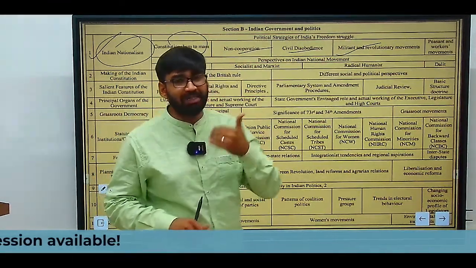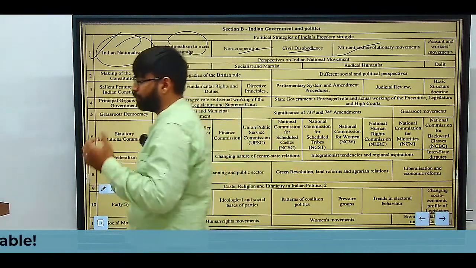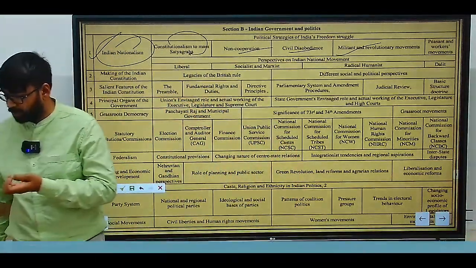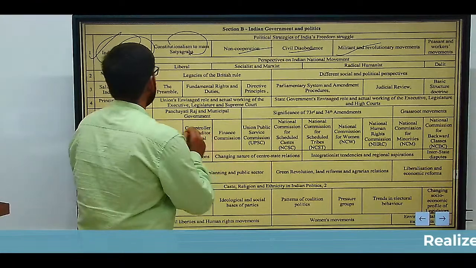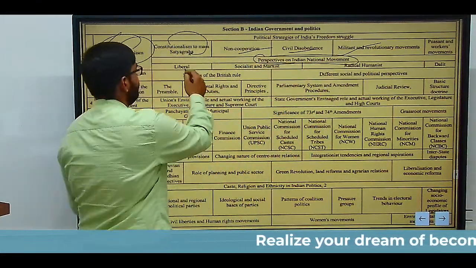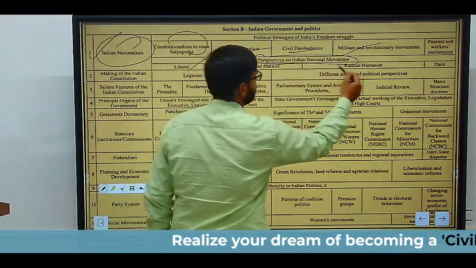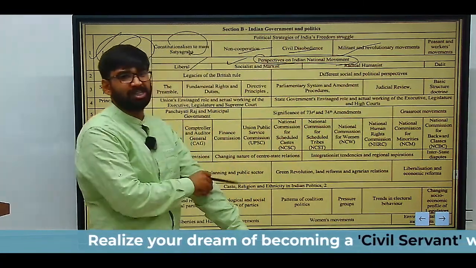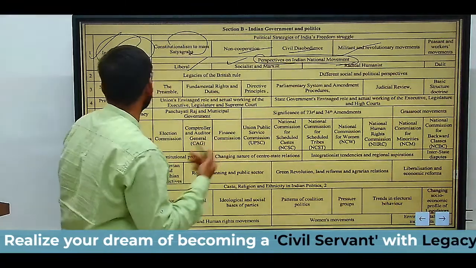So you need to understand different perspectives. Getting my point? The perspectives on the Indian national movement are the liberal perspective, social and Marxist, radical, humanist, Dalit perspective. So these are some different perspectives.